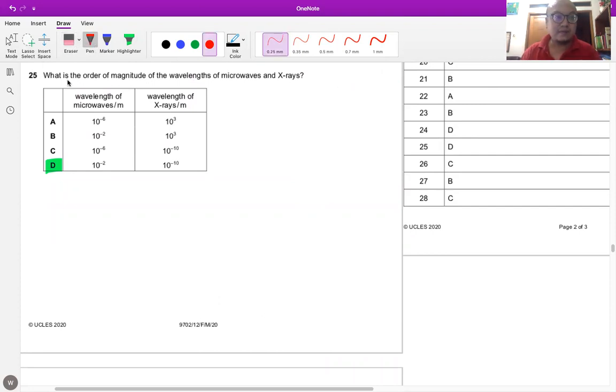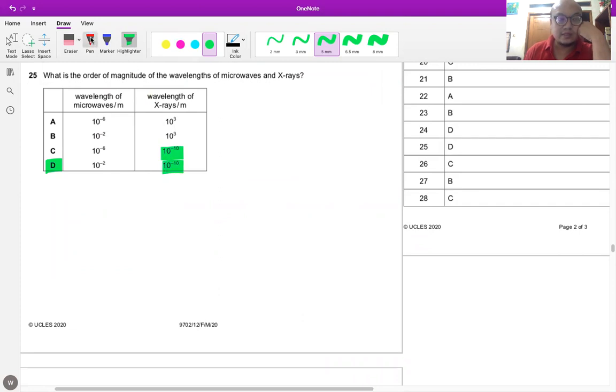What is the order of magnitude of the wavelength of microwave and X-ray? The answer is D. X-ray is about 10 to the power minus 10, because it is so small.